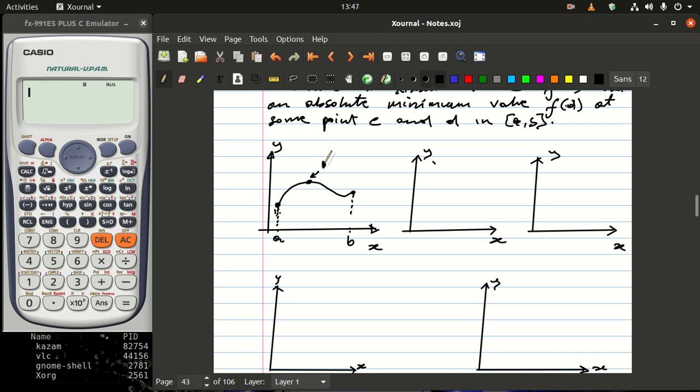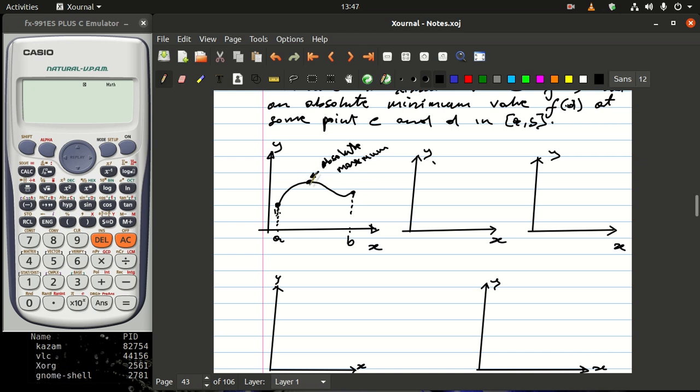So we have an absolute maximum. Yes, of course, at this point, whenever I'm picking points that are close to this, they are less than this, so it is also a local maximum, but the extreme value theorem is only talking about the absolute maximum and absolute minimum.